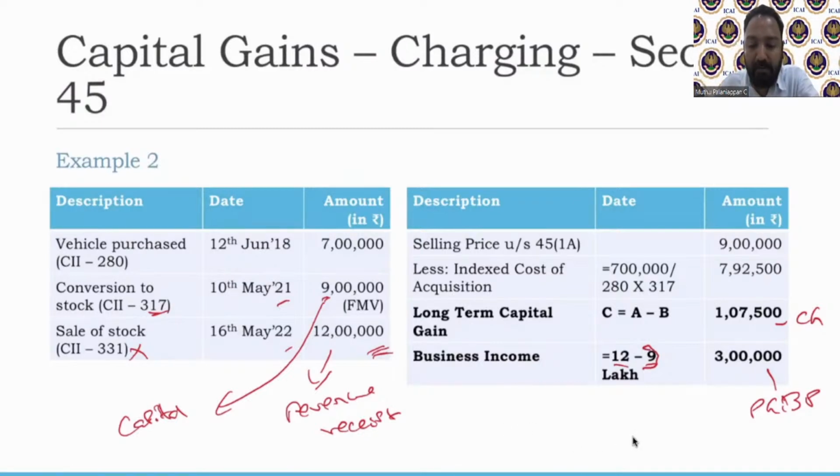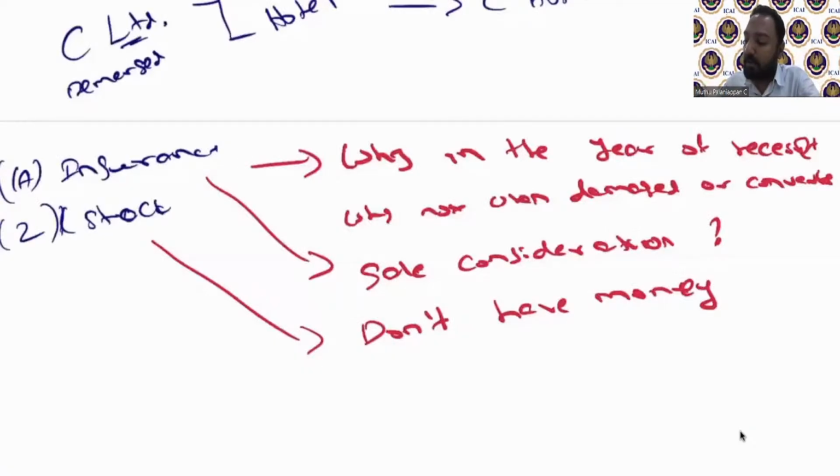Sir, is the capital gain of previous year 22 which gets registered, or previous year 23? Rashmin Kumar, see, the capital gain will be taxed in the year of receipt from the insurance company. So it will be taxed in previous year 22-23. It will not be taxed in previous year 2021. Why? Because in that year you do not know what is the sale consideration.